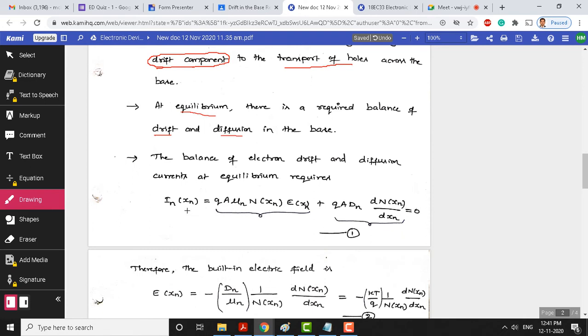I want you to analyze the two terms shown in the flower bracket. Let us label them A and B. Can you identify which is the drift current and which is the diffusion current among these two? Anybody can highlight that?